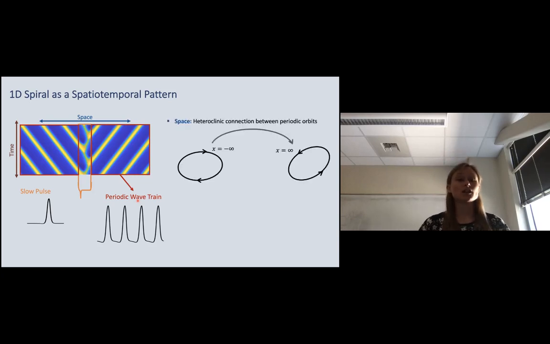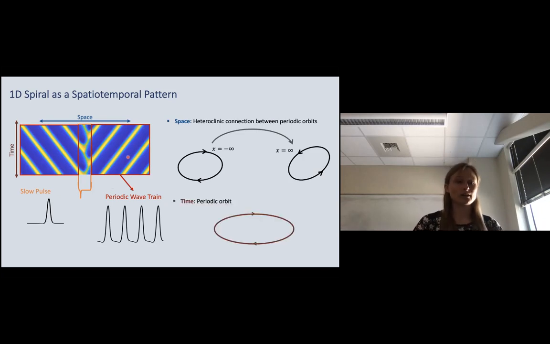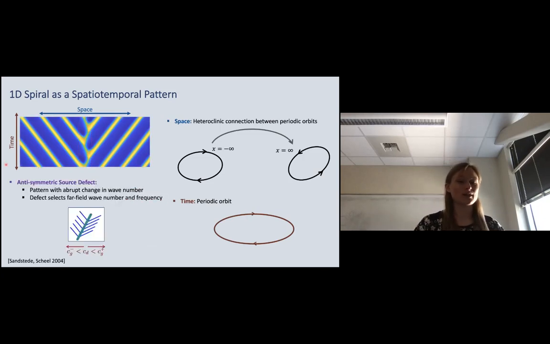So we can then think of this 1D spiral in space as a heteroclinic connection between those two periodic orbits that are the periodic wave trains on either side. You can also think about it in time as a periodic orbit as well. And so you can also think about this as being an antisymmetric source defect.